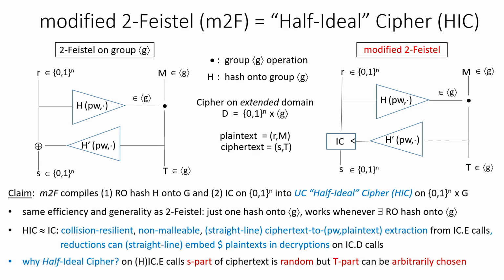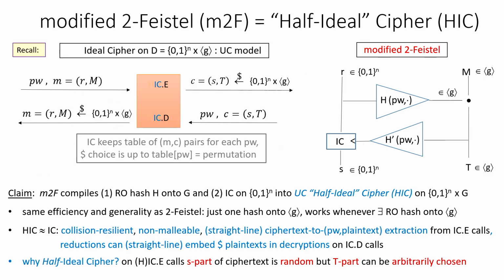Why half? It is because only the S part of the ciphertext is truly random. The T part can be, in some sense, structured. So there's just not enough happening on the right wire. But in password encryption applications that seems basically not a problem. So it's not a problem that adversarially created ciphertexts can have a structured half.